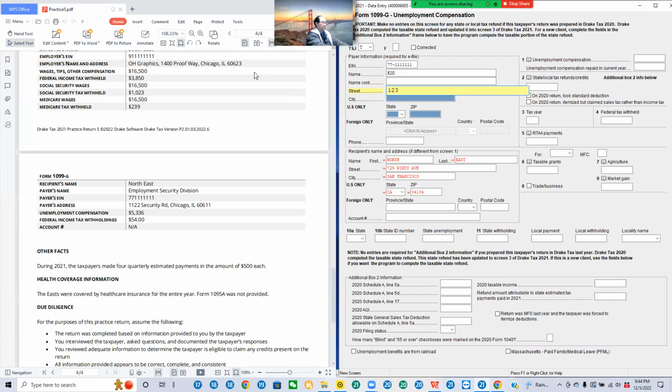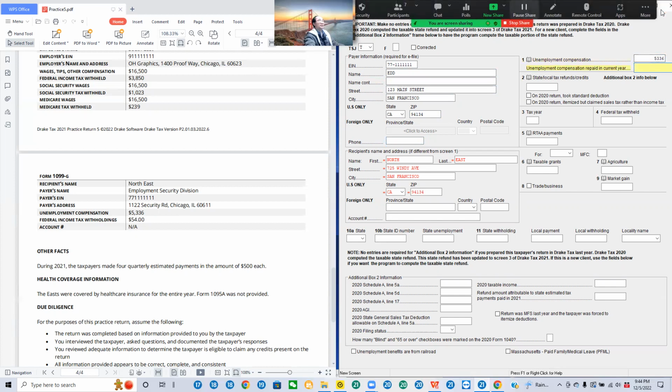Now, obviously, there's an EDD street, but I'm just make it up in here. Unemployment information. They also withholding a little bit further.